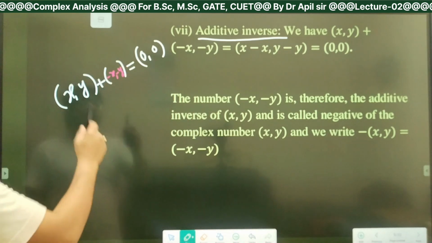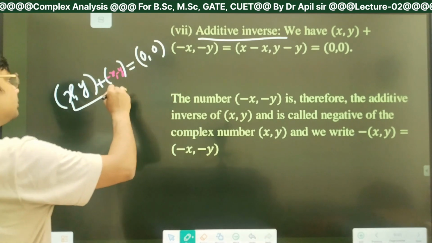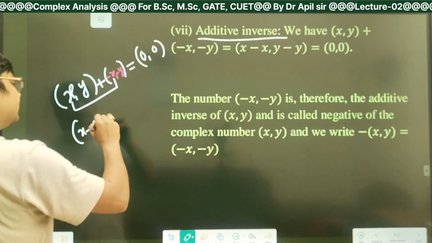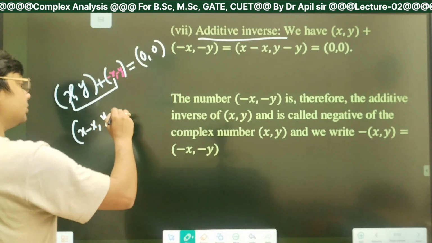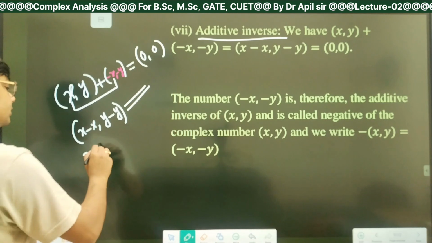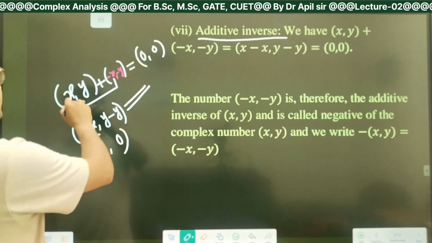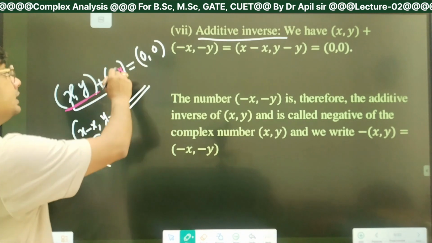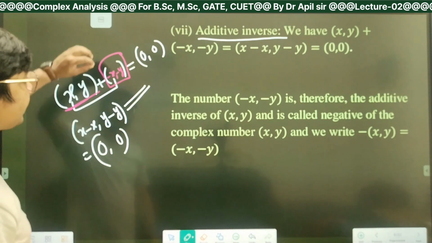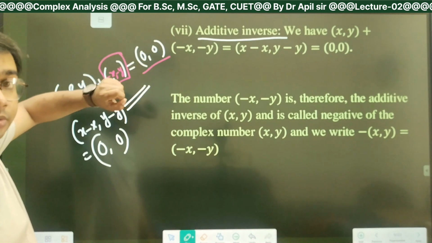You see why this is minus x, minus y: if we take the sum of these two complex numbers, it will be x minus x, and y minus y, and this is nothing but 0, 0, because this is 0, this is 0. So for this x, y, the minus x, minus y is such that their sum will always be 0, 0, right?